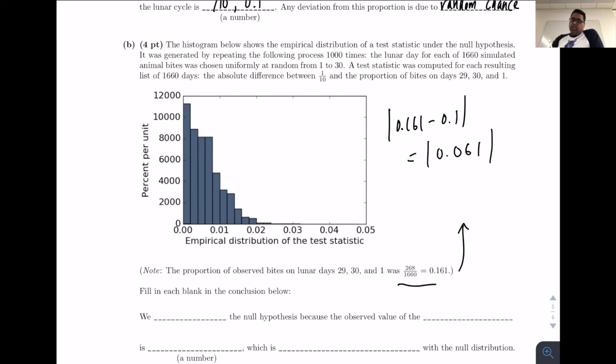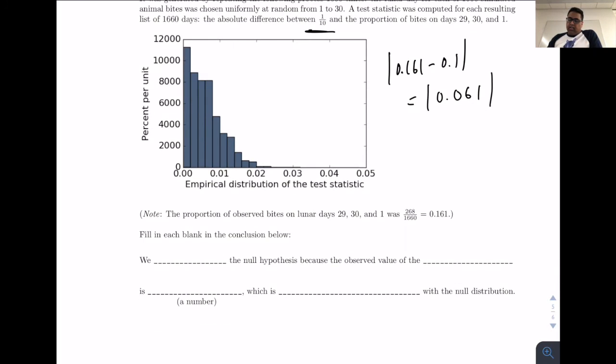We see that the majority of the data is less than 0.02 away from the mean that we just determined, 1/10. But here we have a value that is 0.061 away from it, meaning that our test statistic was so far away from what the null hypothesis predicted that we have to change something about the beliefs that we had, because this result is making us look further into our data.